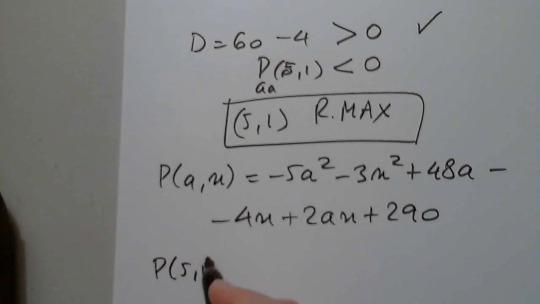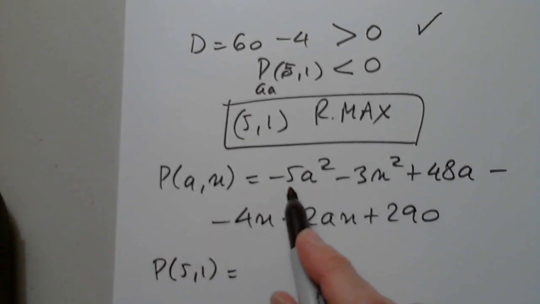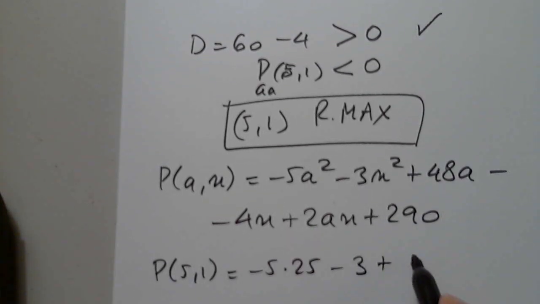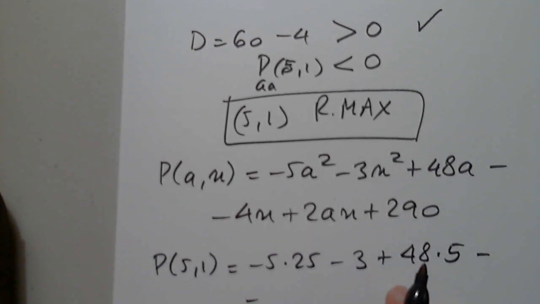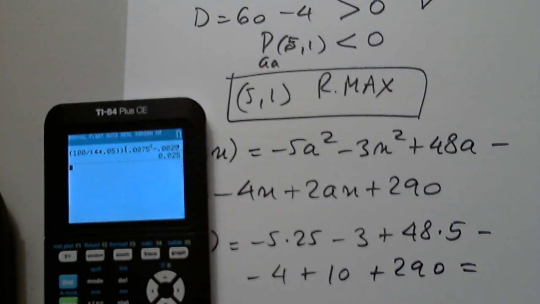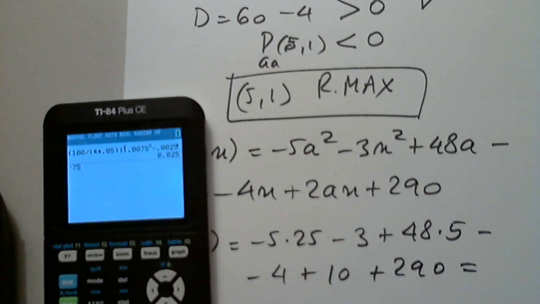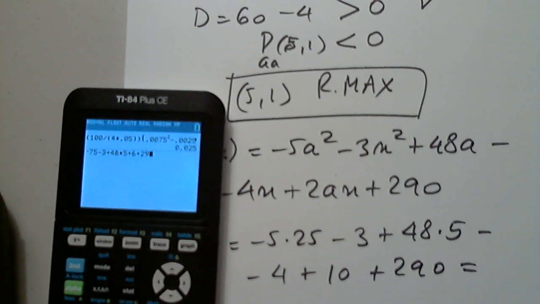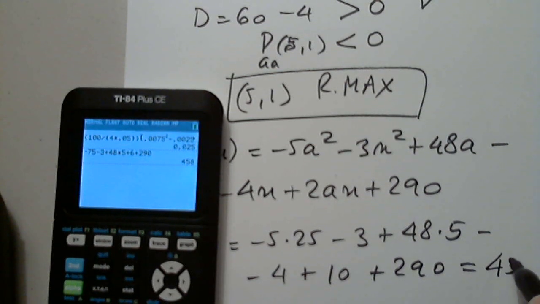So P of 5 comma 1: negative 5 times 25 minus 3 plus 48 times 5 minus 4 plus 2 times 5, 10, plus 290. So negative 75 minus 3 plus 48 times 5 plus 6 and plus 290. 458.